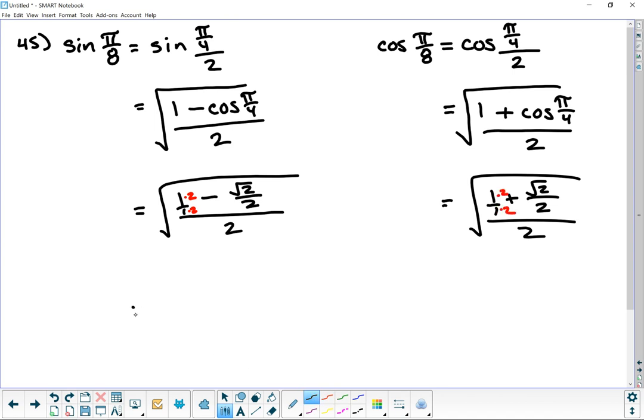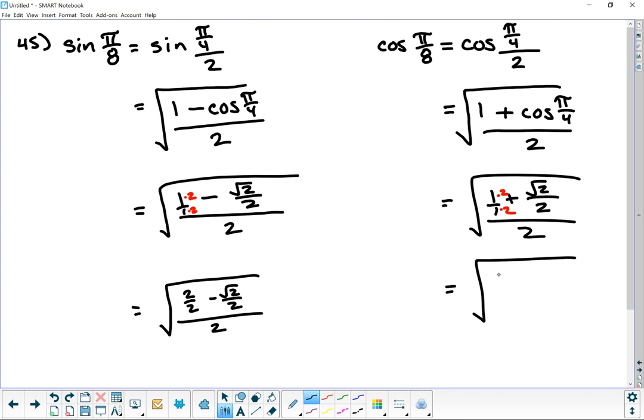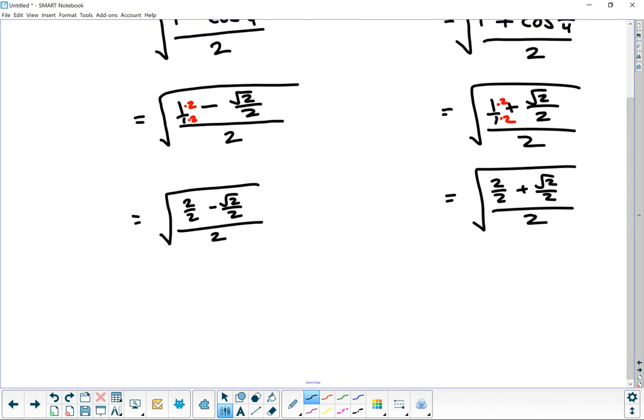Right, and you're going to end up with square root of 2 over 2 minus radical 2 over 2 over 2. That's a lot of 2's. Right, over here, you're going to get square root of 2 over 2 plus radical 2 over 2 over 2. Combine them together, the two fractions, excuse me.